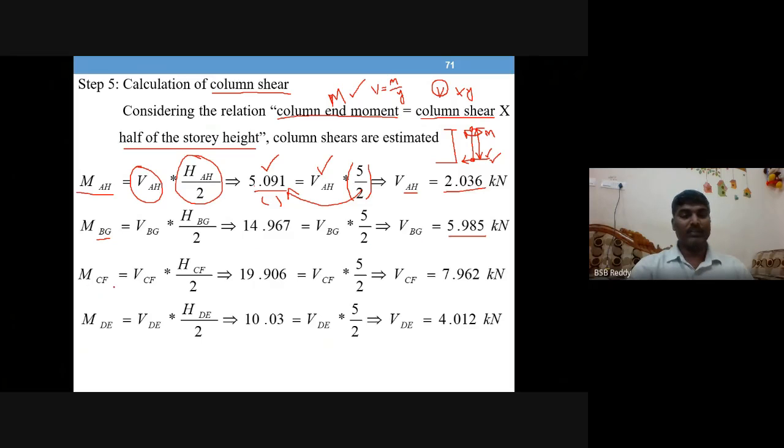The same way for CF. All these columns have the same column height, so for all the cases it is 5 by 2. Now the moment is more in column CF, and that's why the shear is also more.